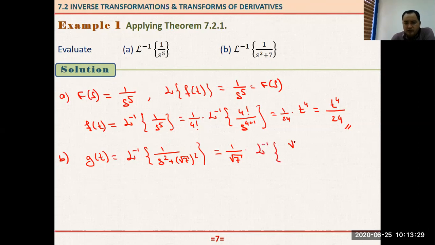Here we have square root of 7 over s squared plus square root of 7 squared. And we know that that is the Laplace transform of sine of square root of 7 times t. So this thing is equal to 1 over square root of 7 times sine of square root of 7 t.